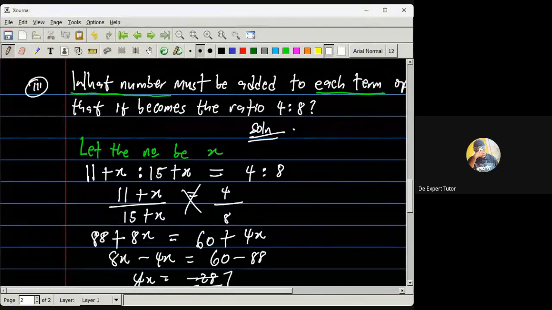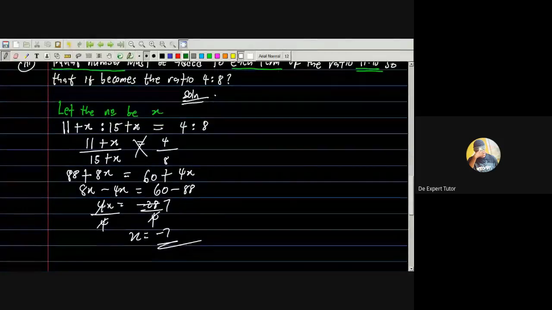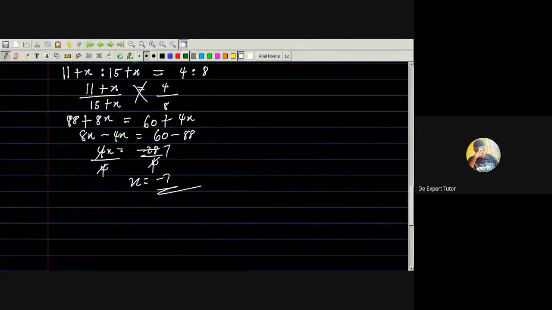As simple as that. So my answer is what? x equal to minus 7. So as simple as that portion is.